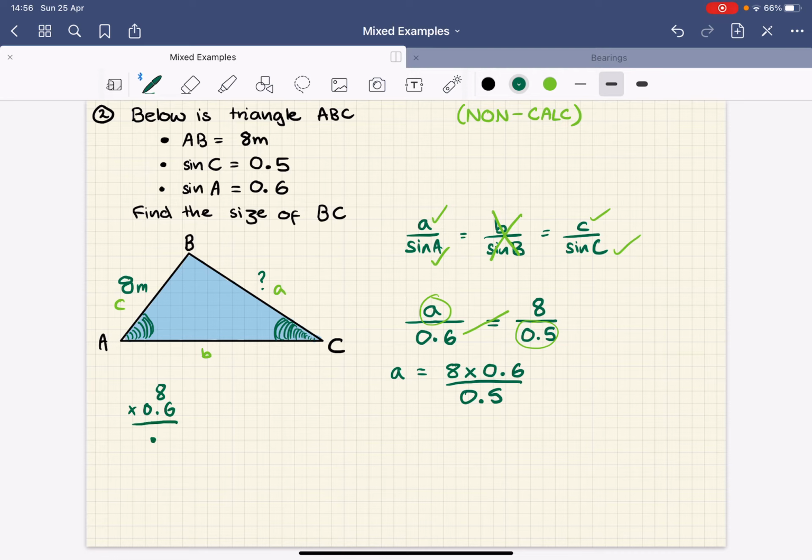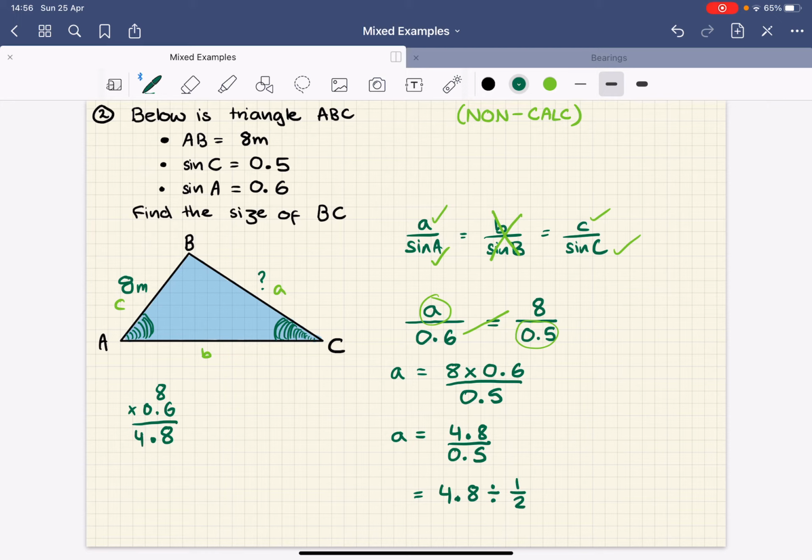6 times 8 is going to be 48. So that's just now going to be a equals 4.8 over that 0.5. And if you divide something by a half, because what I've got there, I'm essentially saying 4.8 divided by, and 0.5 is a half.